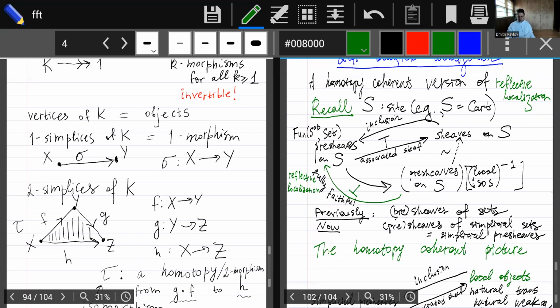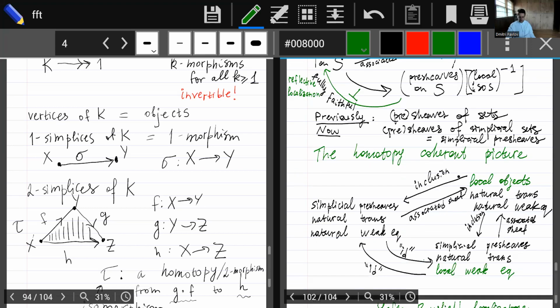So now we would like to replace sets here with simplicial sets. And the question is, to what extent does this picture generalize to pre-sheaves of simplicial sets?